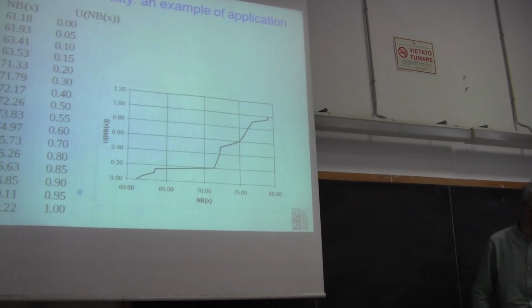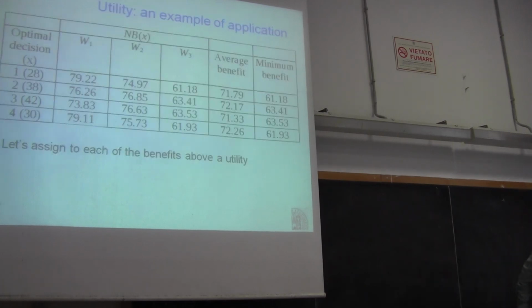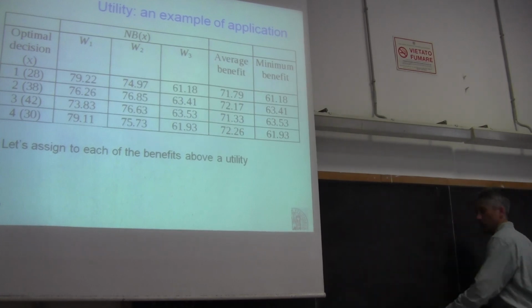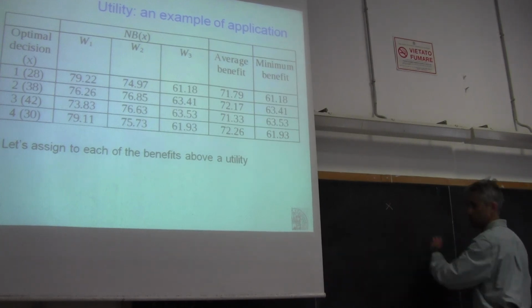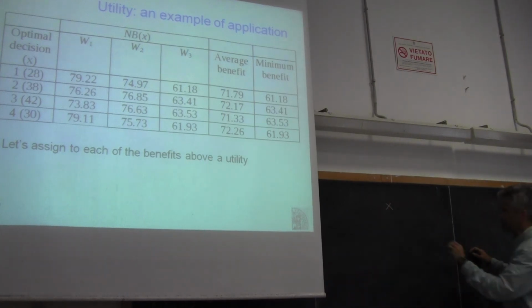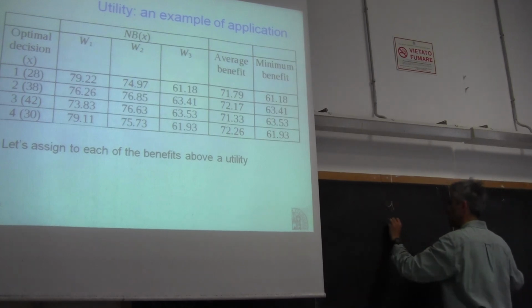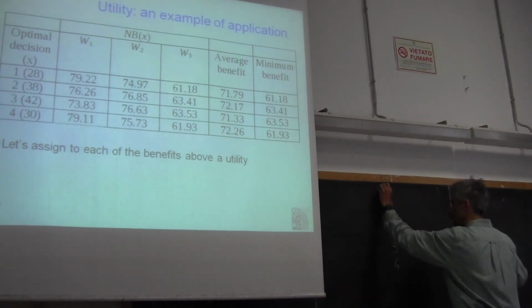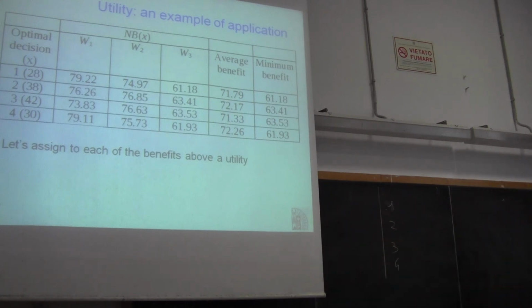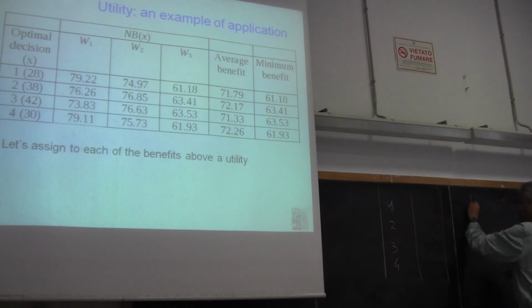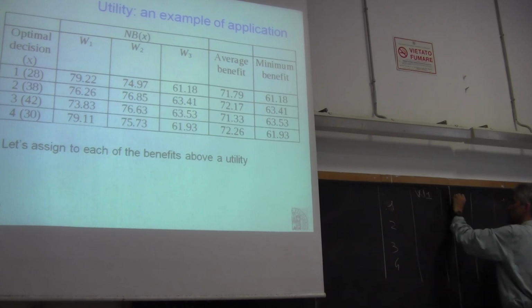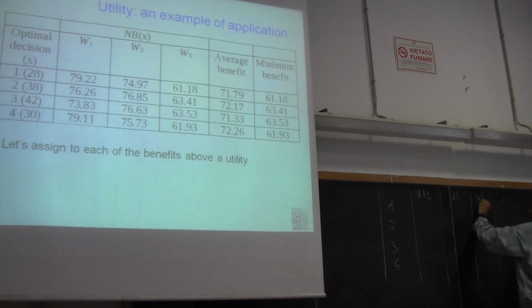And let me go back to this table here, this one. I'm copying the table here. I have here the decisions, so they are named 1, 2, 3, 4. And then I have the benefits for W1, W2, and W3. So here I have W1, W2, and W3, okay?